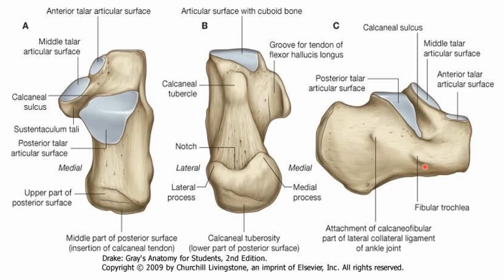Medial surface, this is the medial surface. It can be easily distinguished as it bears a large projection known as the sustentaculum tali. It is on the medial surface, so it projects medially.